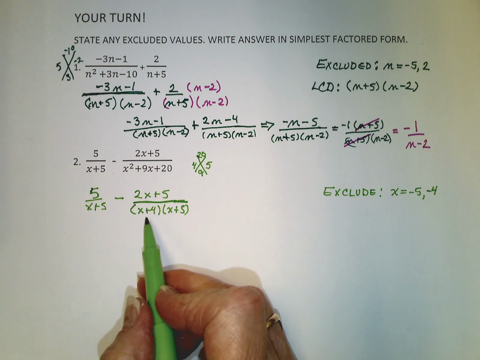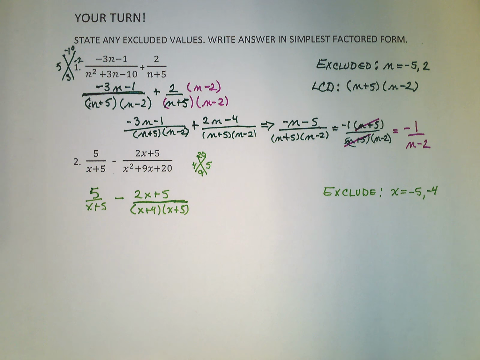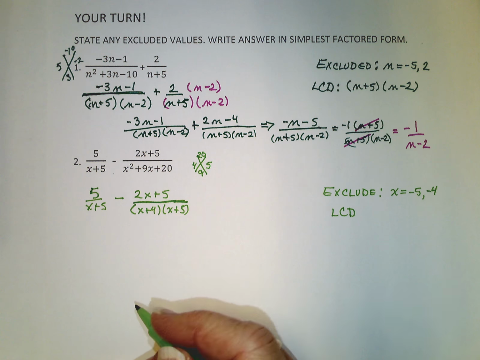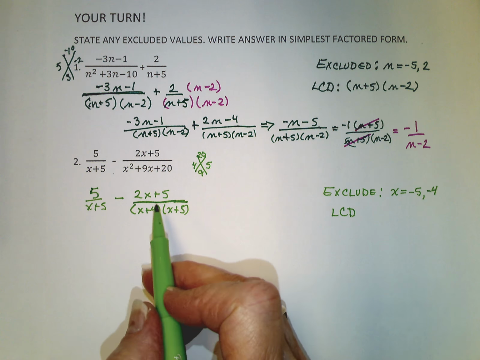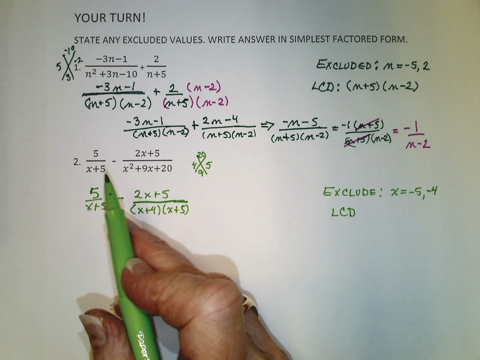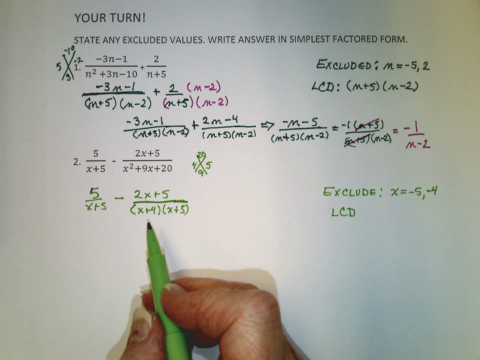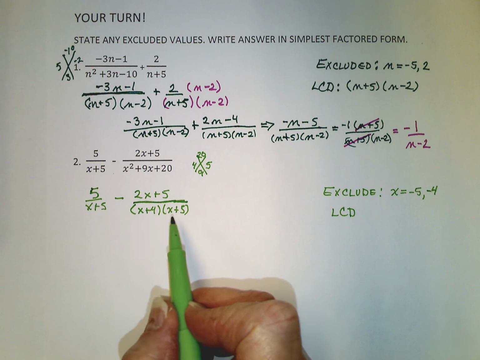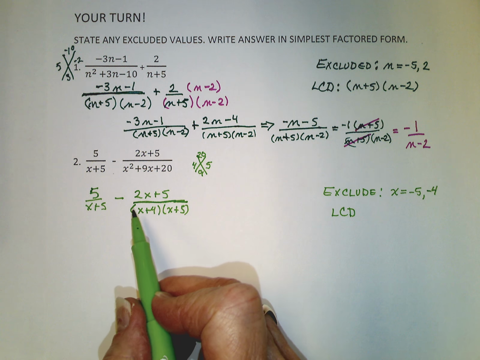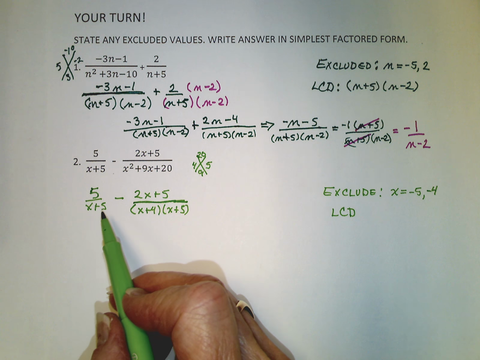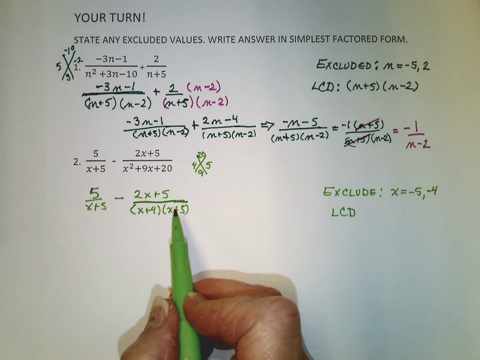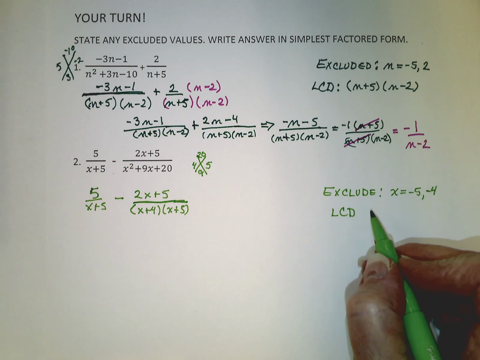Either way, we would get a 0 in the denominator, and the fraction wouldn't make sense. Okay, how about the least common denominator? Actually, this one's looking a lot like the one above, except that it's got x's instead of n's. It has to be something that this whole thing will divide into, and that x plus 5 will divide into. Well, that's just going to be this denominator right here.